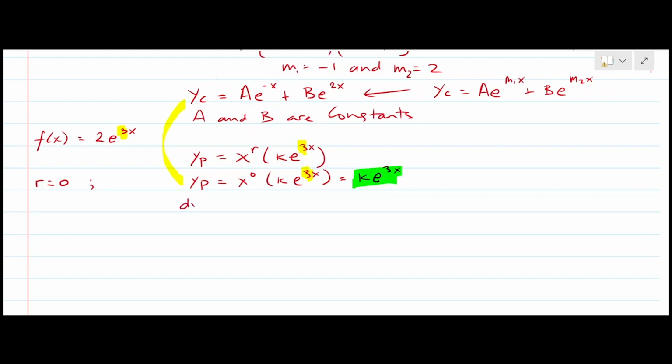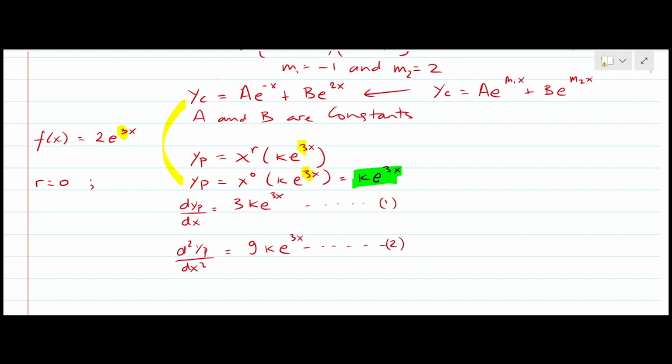Starting from the first derivative, dyp/dx would be 3k e to the power of 3x, and subsequently the second derivative of yp will be 3 times 3, which is 9k e to the 3x.